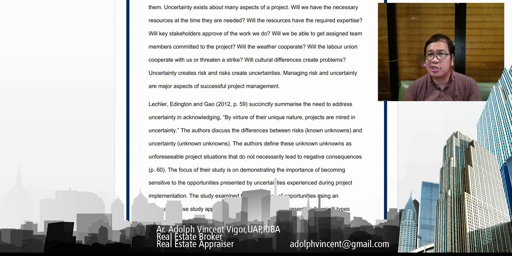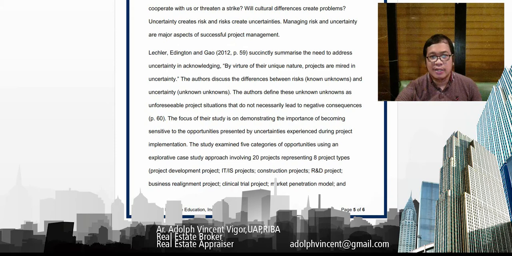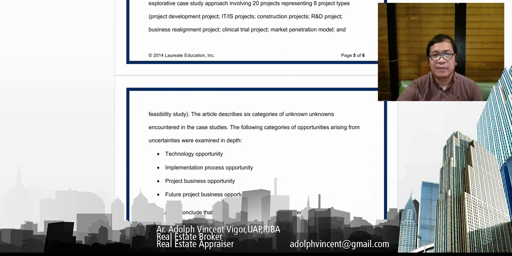The focus of their study is on demonstrating the importance of becoming sensitive to the opportunities presented by uncertainties experienced during project implementation. The study examined 5 categories of opportunities using an explorative case study approach involving 20 projects representing 8 project types: IT projects, construction projects, R&D projects, business realignment projects, clinical trial projects, market penetration models, and feasibility studies. The article describes 6 categories of unknown unknowns encountered in the case study.